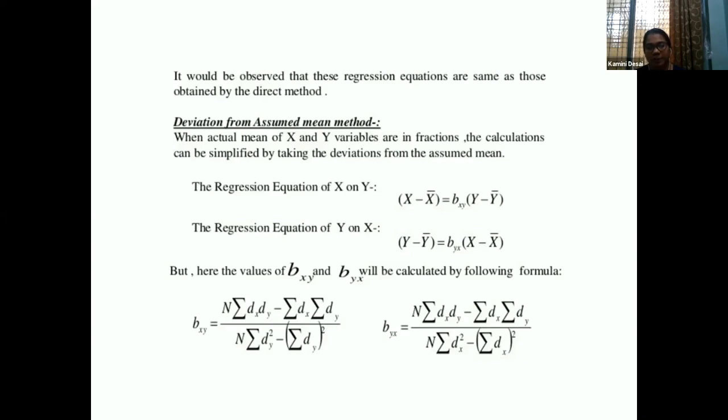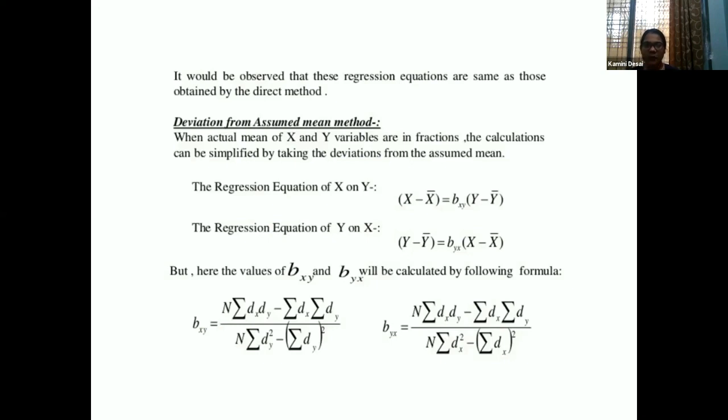Are you doing it? If I want to find the regression equation x on y using the mean deviation with assumed mean method and the least squares method: in the least squares method, we have to calculate x bar and y bar, and instead of this formula we have to use some other formula, that is direct values.